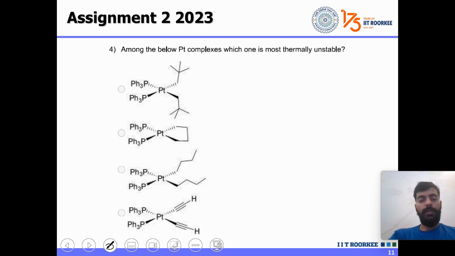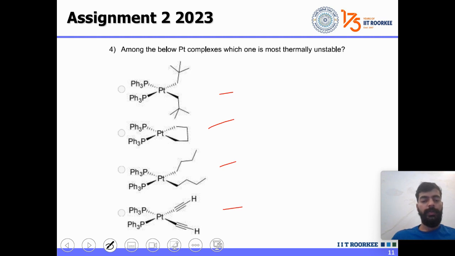Among the below platinum complexes, which one is the most thermally unstable?